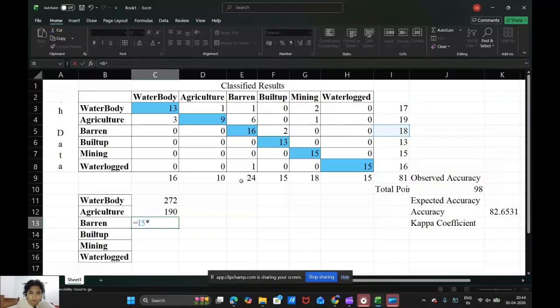I can just go for a double click as well. Then built up with built up, and then waterlogged multiplied with waterlogged.